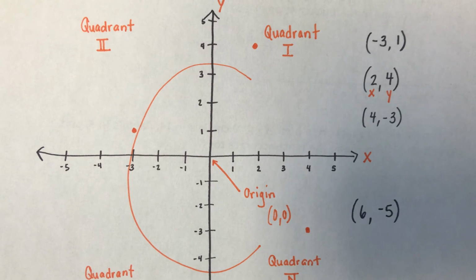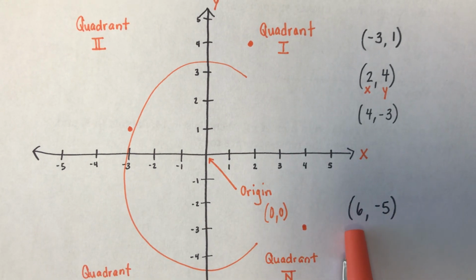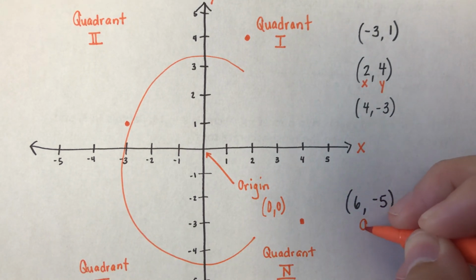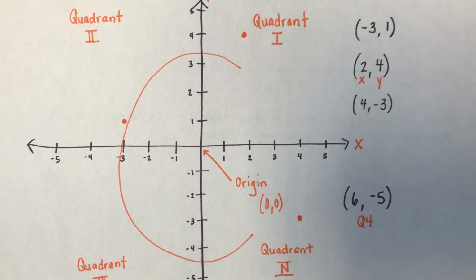But then if you think about it, you really just need to know your directions, your negative signs and positive signs, because think about it. This first number is positive, so that means I have to go right. And then the second number is negative, so that tells me I have to go down. So if you go right and down, that puts you in quadrant 4 every time.